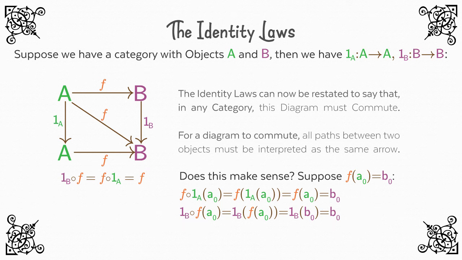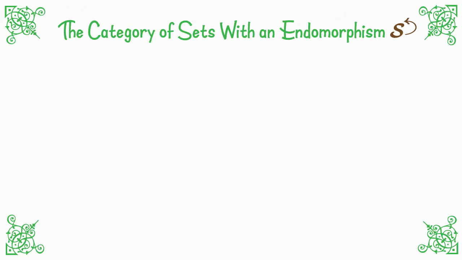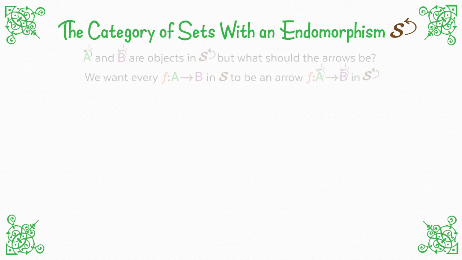Okay, here's a quick glimpse into our future. Remember I said that these objects, a set with an endomorphism, where the arrow has the same object as the domain and codomain, form a category of their own right? Well, each set equipped with its identity arrow is an object in this category.